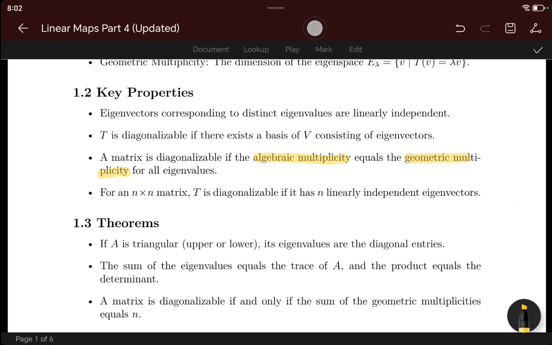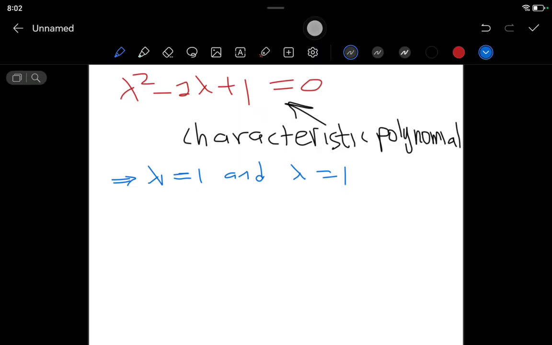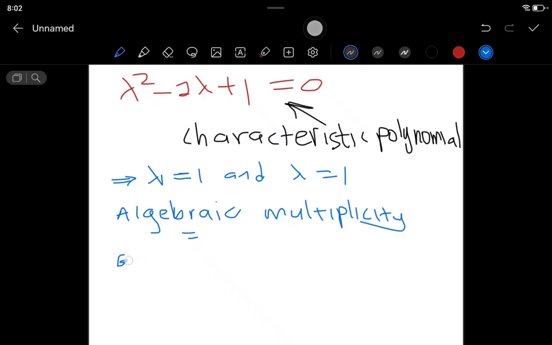Let's start with the algebraic and geometric. Let's think about that.